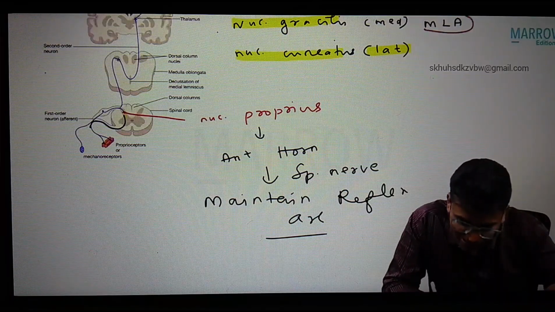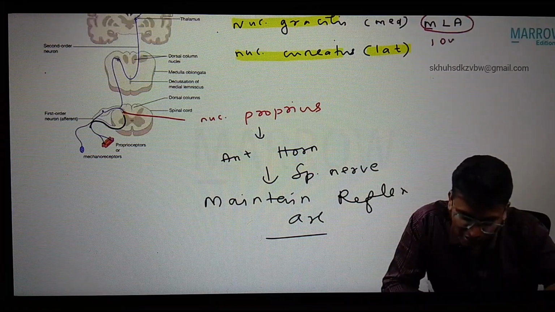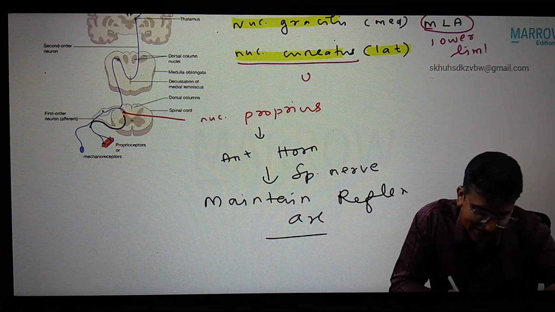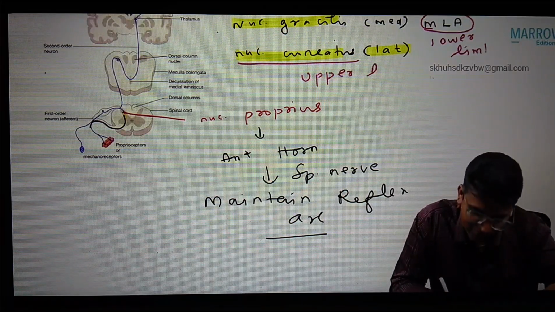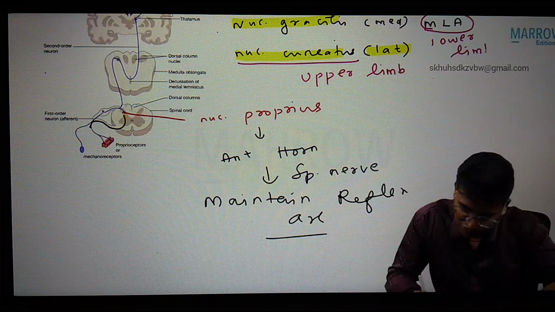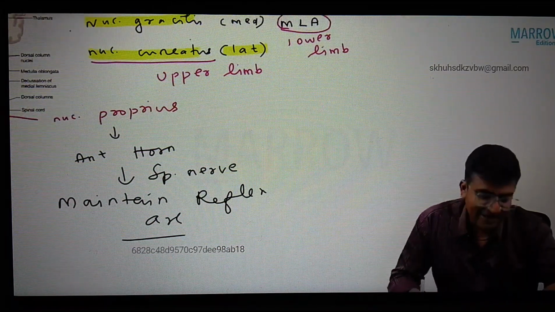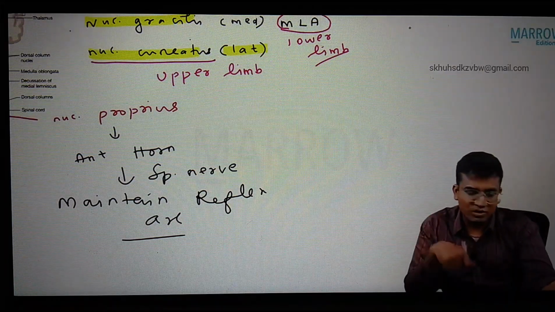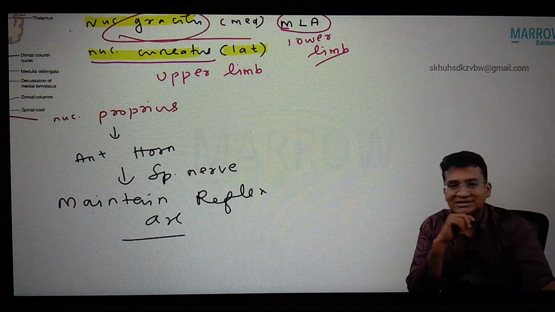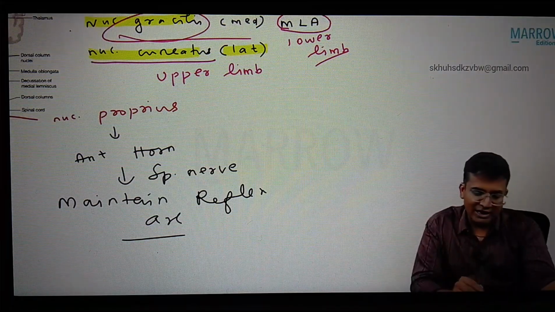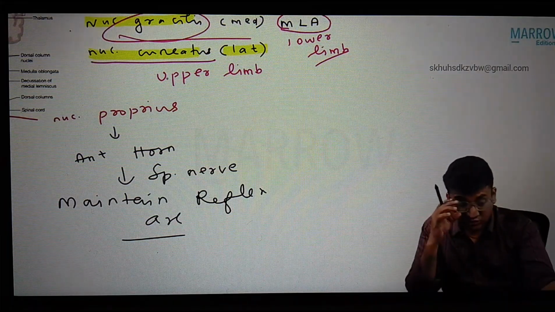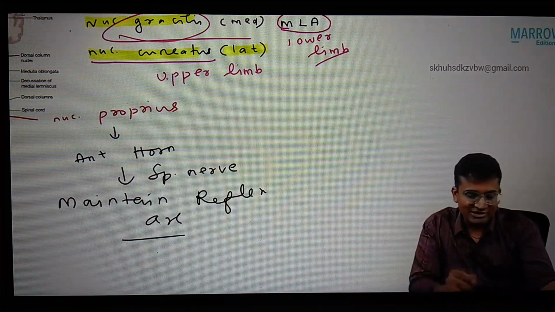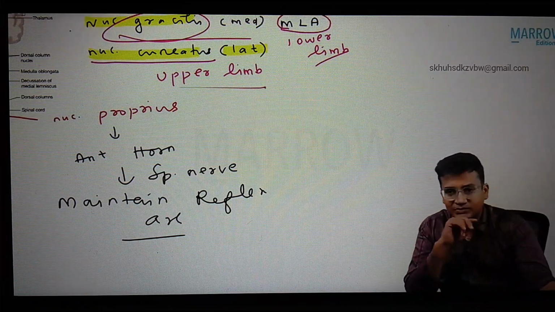Nucleus gracilis is for the lower limb and nucleus cuneatus carries the fibers from the upper limb. This is very important. So medial nucleus for lower limb. In the lower limb you see one muscle, gracilis. So nucleus gracilis carries the fibers from the lower limb, and nucleus cuneatus carries the fibers from the upper limb.